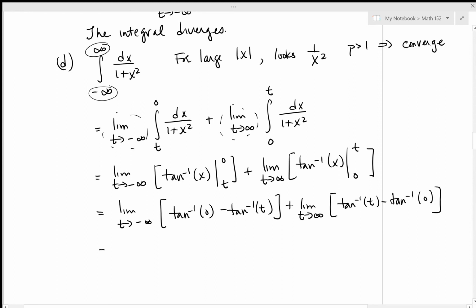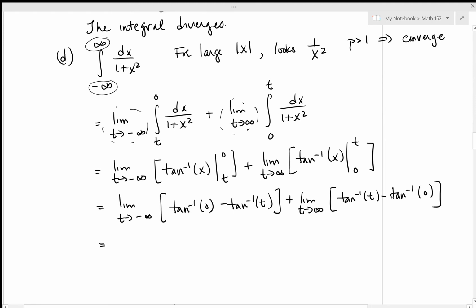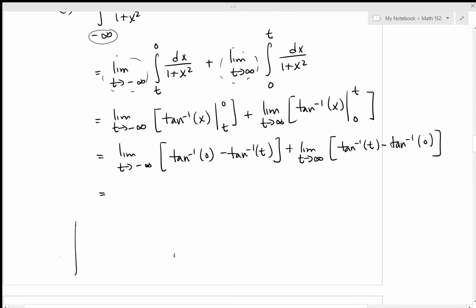And that is going to be what? Okay, what is the arctangent? Let's draw a picture of what the arctangent function looks like. This right here is minus pi by 2, and this here is pi by 2. So the arctangent of 0 is 0.